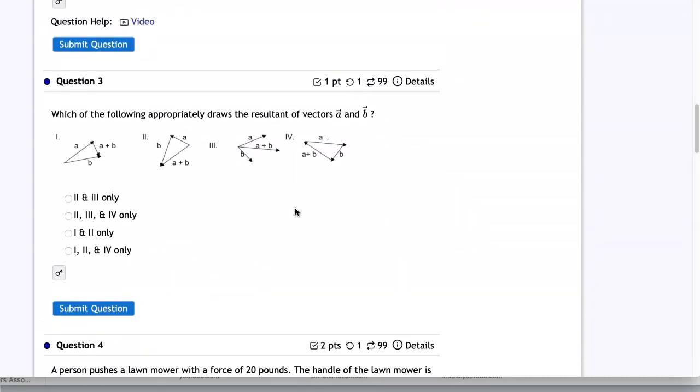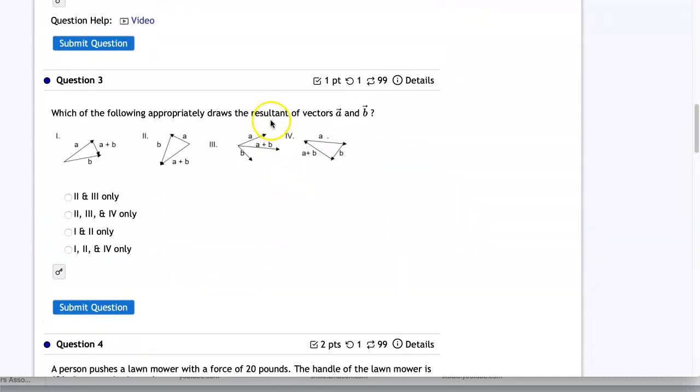Alright, so question number 3 goes back to the vocabulary resultant. So we need to find vectors A and B. And here you see vectors A and B are in every single diagram. So the question is, which would be the resultant? Now the resultant, remember, is the same as adding the two together.